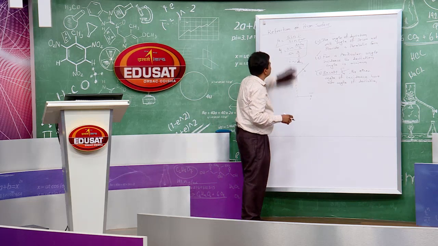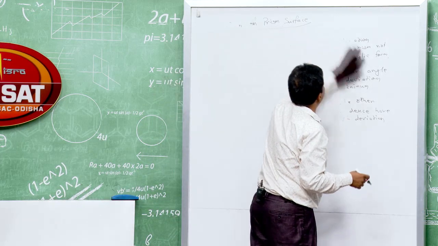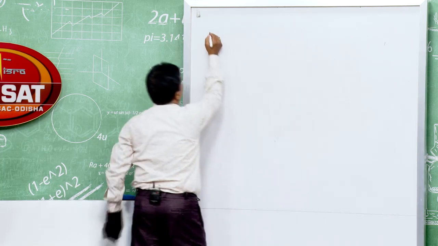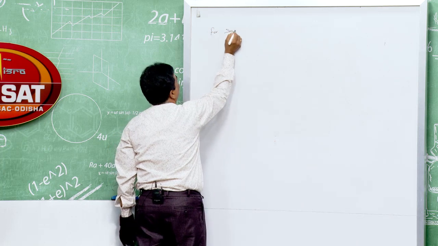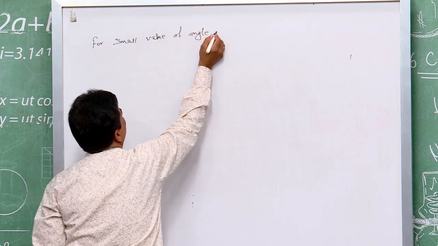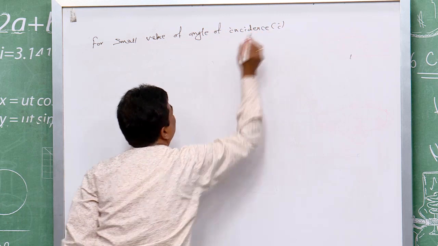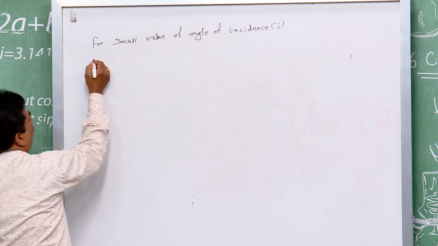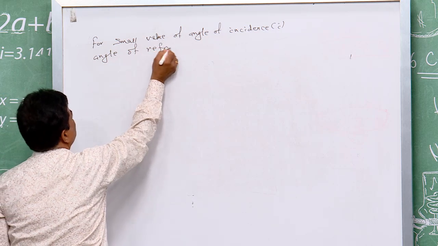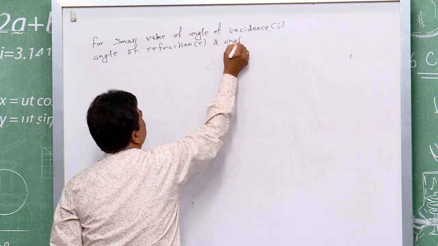So now, if this angle of incidence and the angle of the prism are of very small values, next we will consider small values of angle of incidence, angle of refraction, that is smaller, and angle of prism.